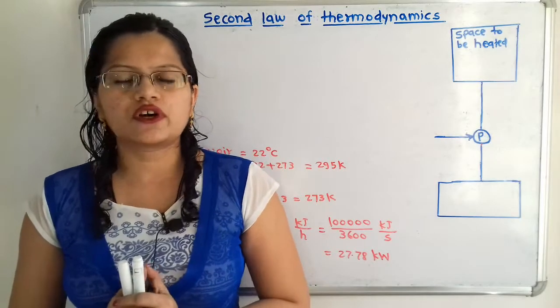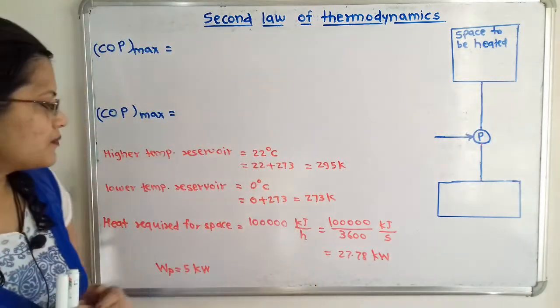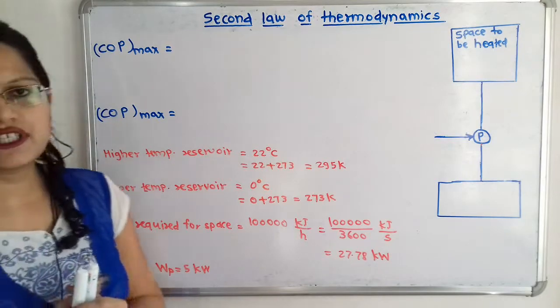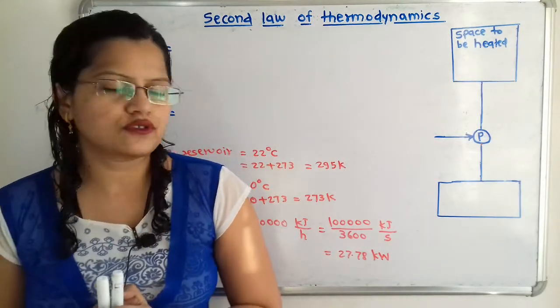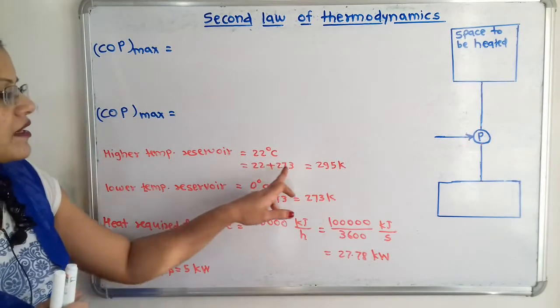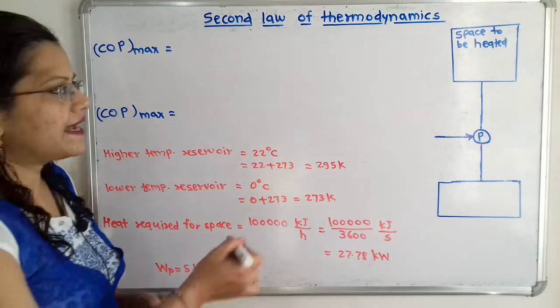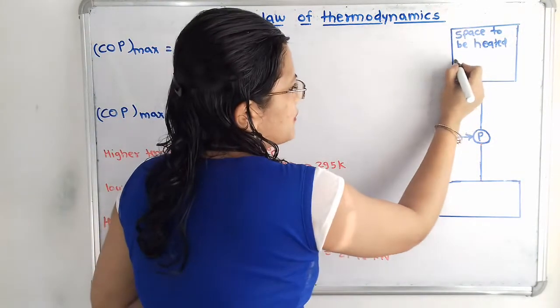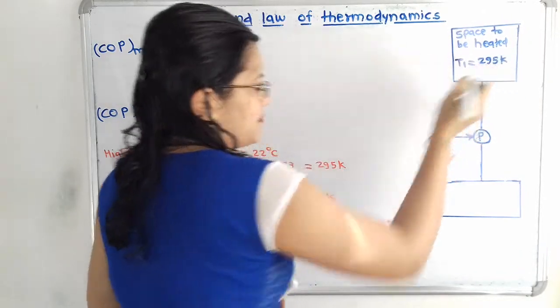We will first draw the diagram as per the given data. If we observe, the higher temperature reservoir is nothing but the space to be heated. The space to be heated is at 22 degrees Celsius, and we will convert it into Kelvin, that is 295 Kelvin. So this is the higher temperature reservoir, T1 is equal to 295 Kelvin.